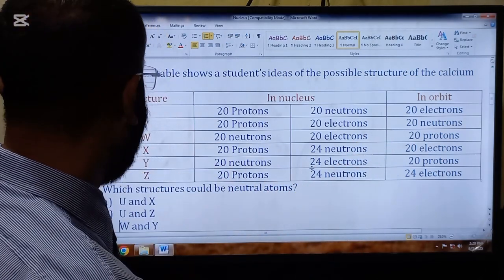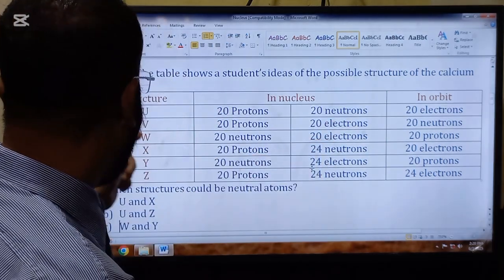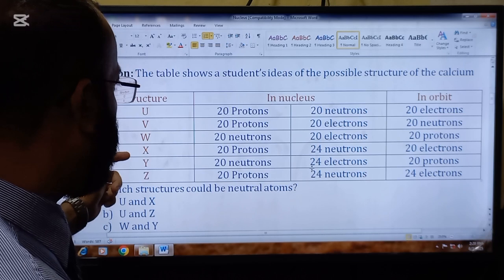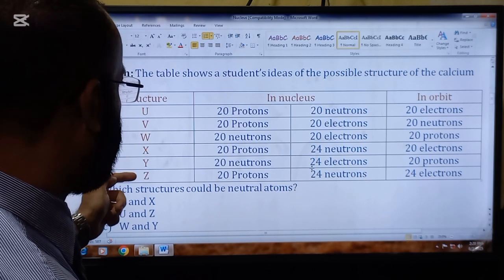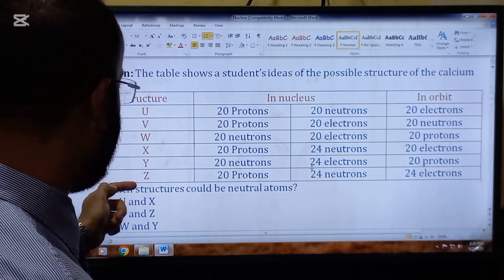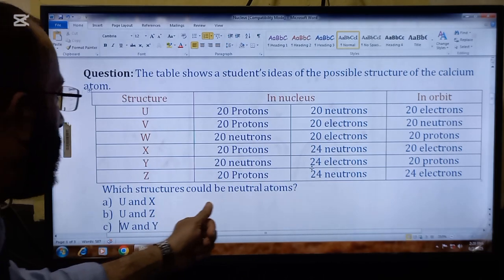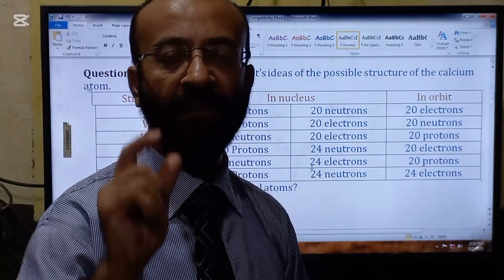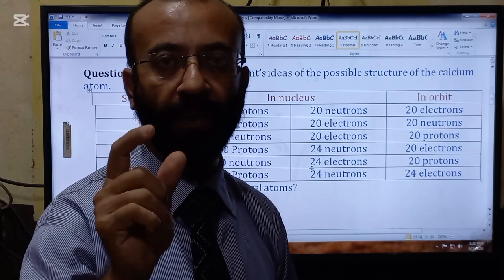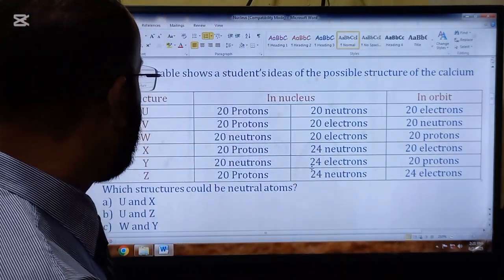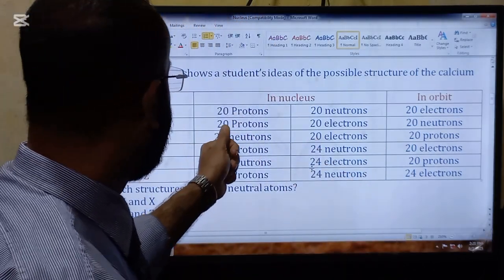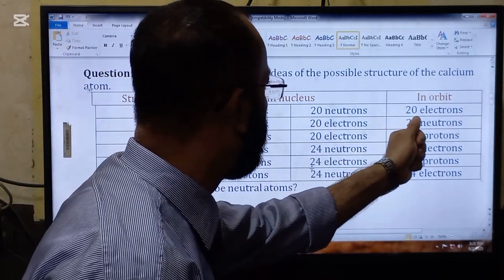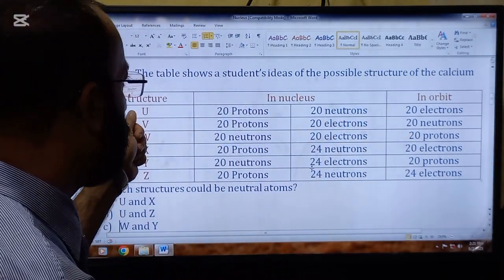So only U, then X and then Z can be considered. So which structure could be the neutral atom? A neutral atom is an atom in which the number of protons is equal to the number of electrons. So three options are there. In the first option, that is U, the number of protons is equal to the number of electrons. So this is a neutral atom.